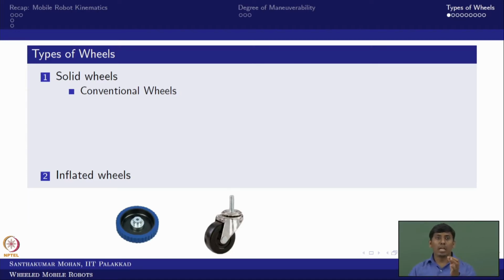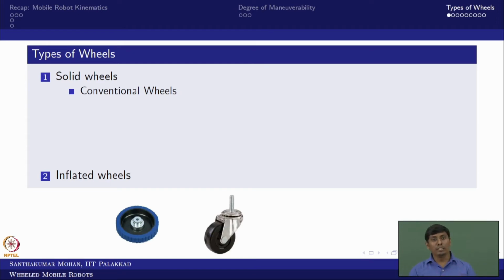For example, you take a wheel and rotate it through 360 degrees. It would cover a distance of 2 pi r, where r is the radius of the wheel, or pi d, where d is the diameter. That indicates the wheel had no longitudinal slip or lateral slip. That is what the conventional wheel is all about.